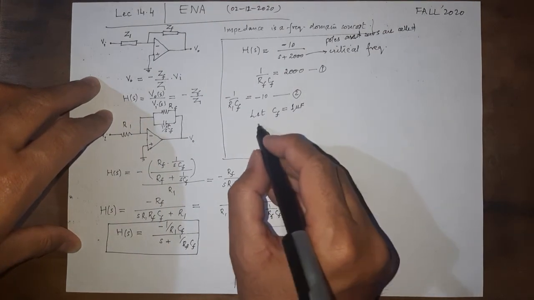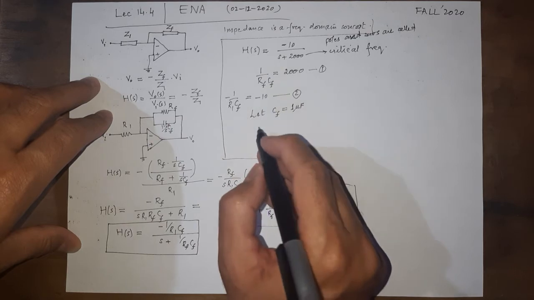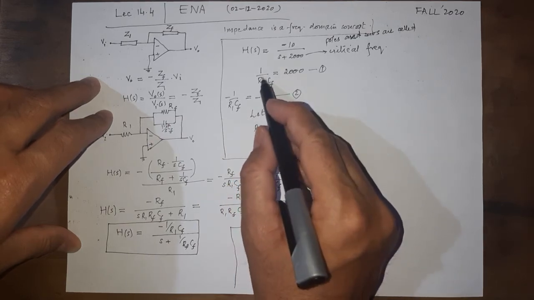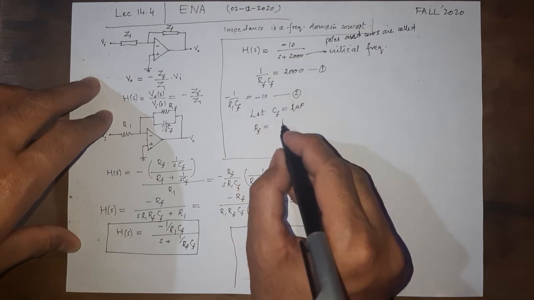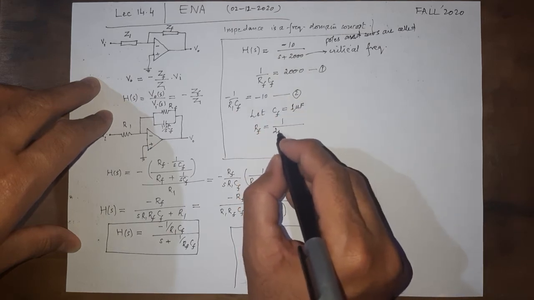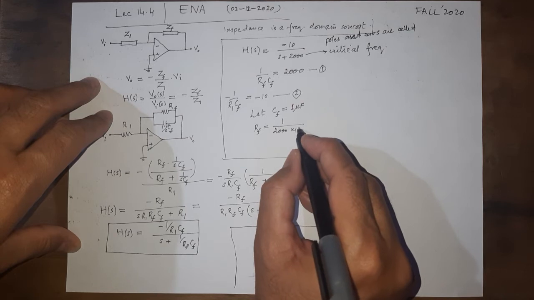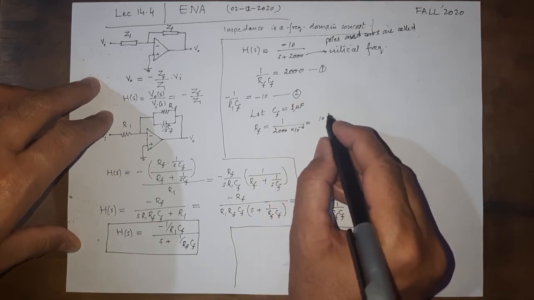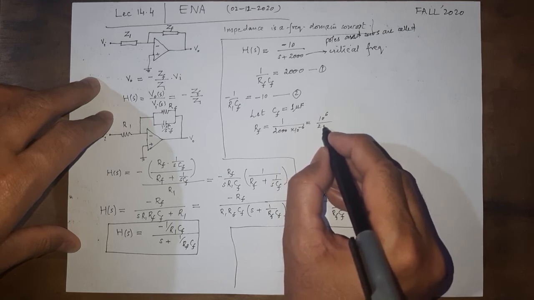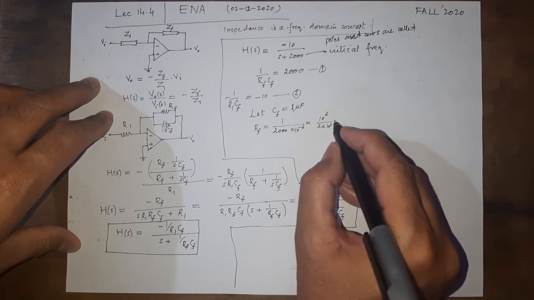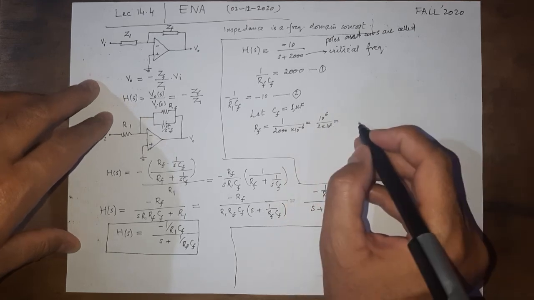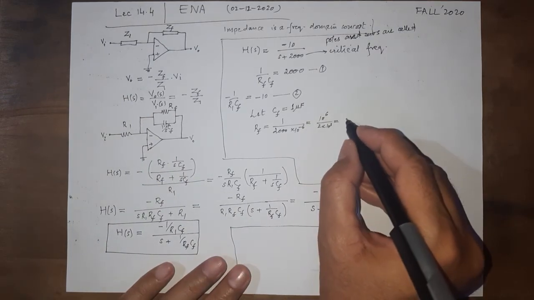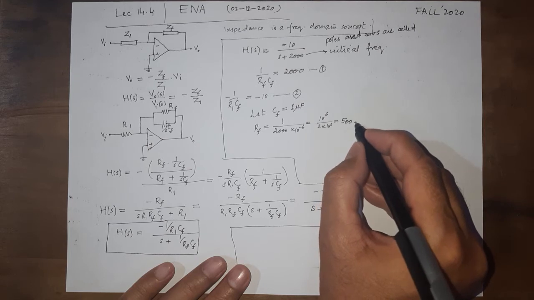So if CF is 1 microfarad, then RF goes here, this 2000 comes here, and we get 1 over 2000 into 10 raised to the power minus 6, which is 10 raised to the power 6 over 2 into 10 raised to the power 3, which is 10 raised to the power 3 over 2, or 500 ohms.